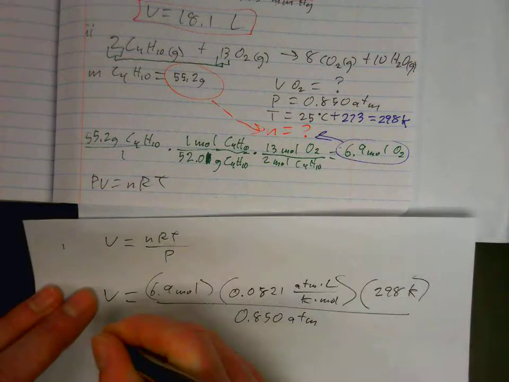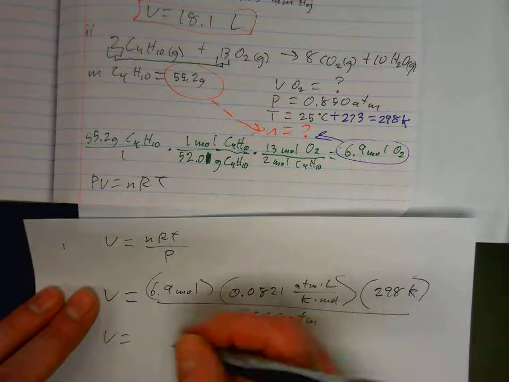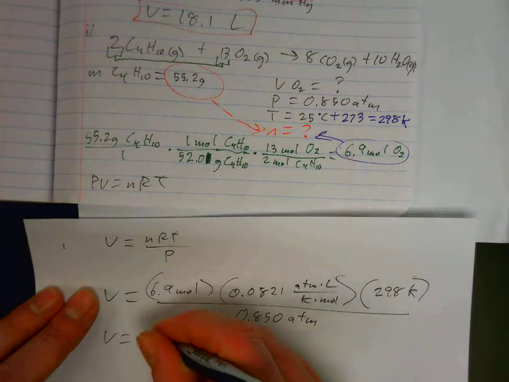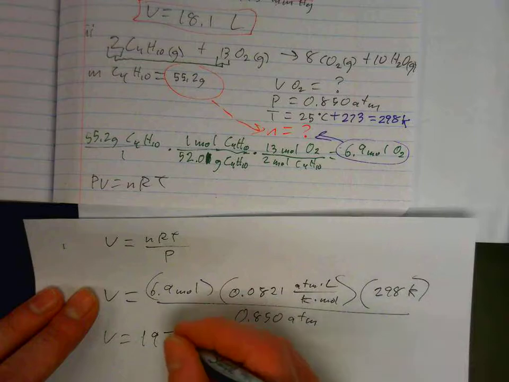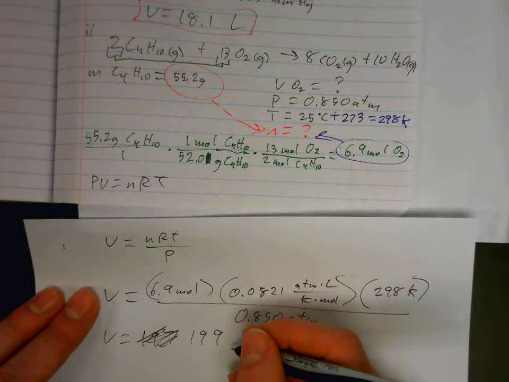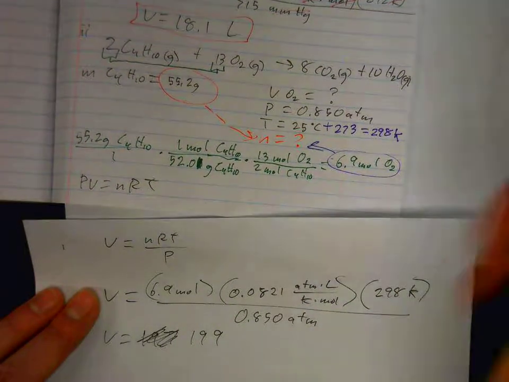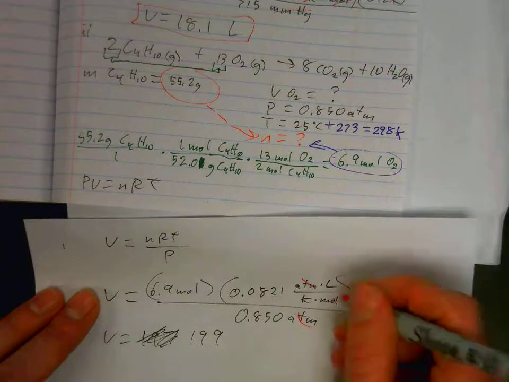So now we calculate. Gives us a volume of 199, rounded to 3 sig figs, and the unit left over after we cross everything out: atms cancel, moles cancel, Kelvin cancels, unit left is liters.